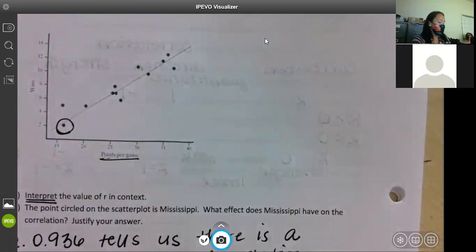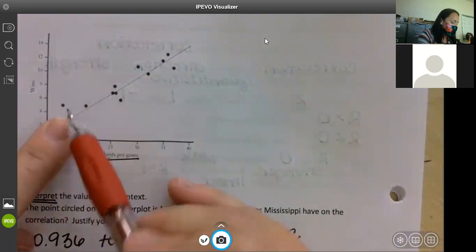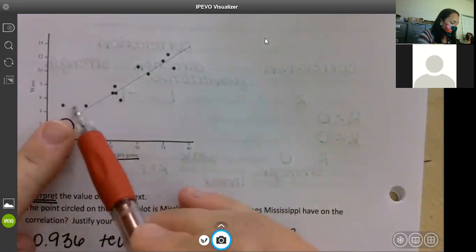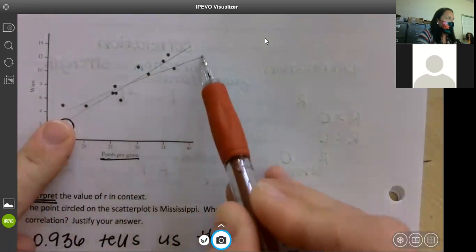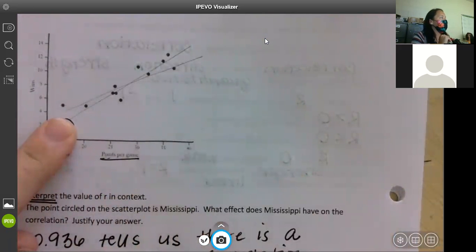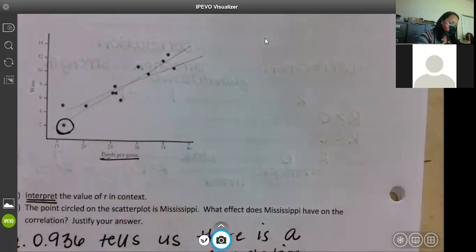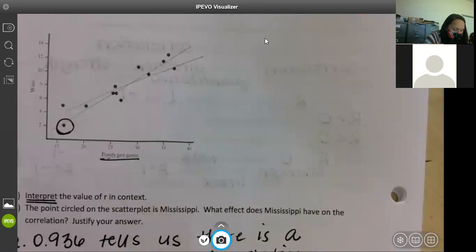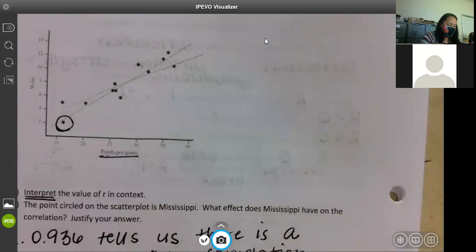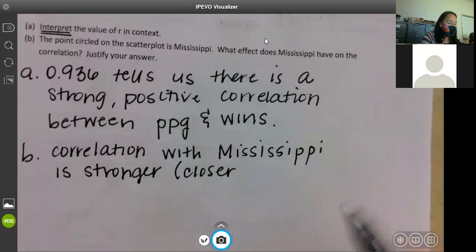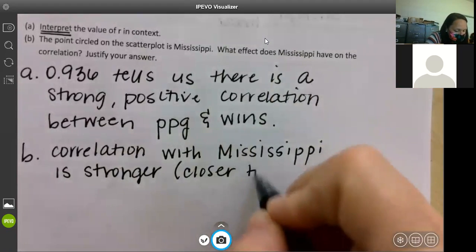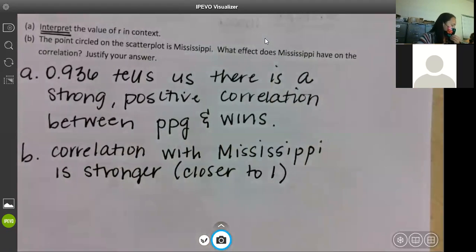Everybody see that? If we take Mississippi out, this point right here is going to pull our line this way. Did that make it stronger or weaker? Good. Correlation with Mississippi is stronger. Oh, yep, sorry. I was showing you Mississippi, which is closer to 1.